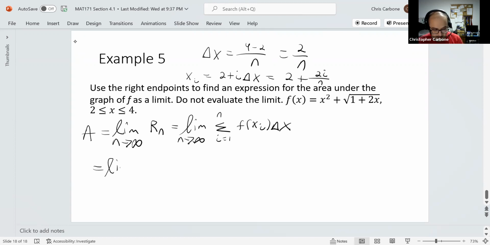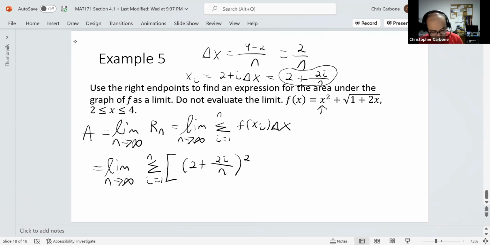Using the fancy mathematical notation, this would be the limit as n approaches infinity of the sum from i equals 1 to n of (2 plus 2i divided by n) squared, based upon the x squared term in this equation, just replacing the x in that x squared with what we have here for x sub i, plus doing the same thing now with the square root term.